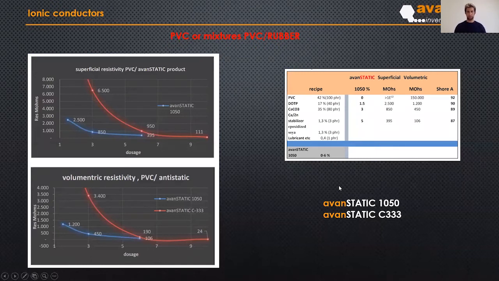In function of the dosage between 0 and 8%, for example with 5% we will be in superficial around 400 megaohms, in volumetric in the range of 100 megaohms. Of course, it depends a lot on the formula. If you are working with polar products, the result will be better. If you are working with non-polar plasticizers, like mineral oil, we increase the resistivity.